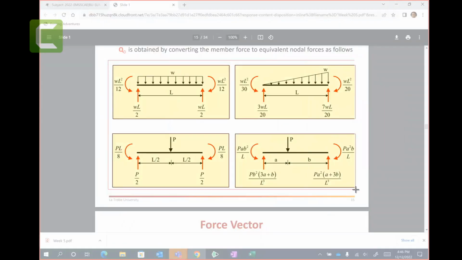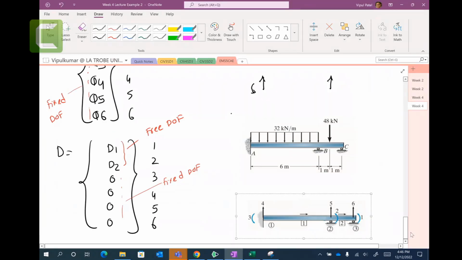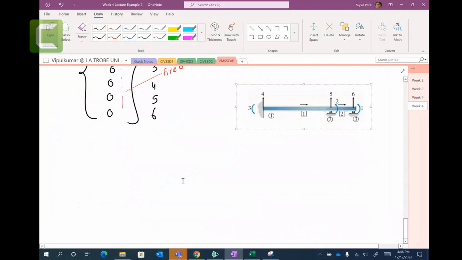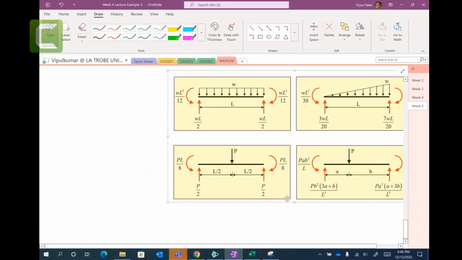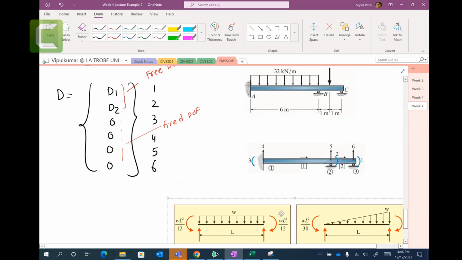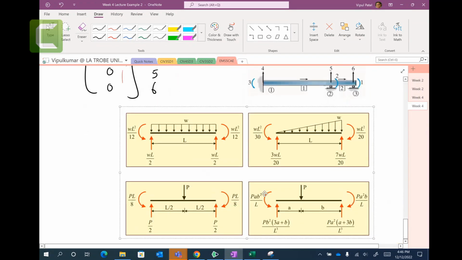These tables we need to use from the lecture notes. You can get these lecture notes on the LMS. And let's put that one here. So these tables we need to use to get the Q0 matrix.